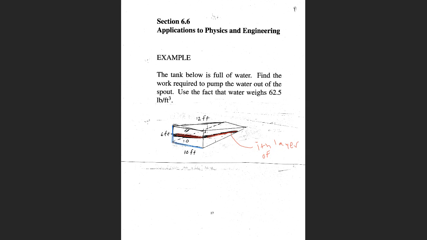Just like with the cable, where we broke the top 30 feet of cable in the previous problem into N pieces, in this problem we're going to take the water and break it up into N layers of water. What I've drawn is just a representative layer of water, and that layer of water has a width, delta x.